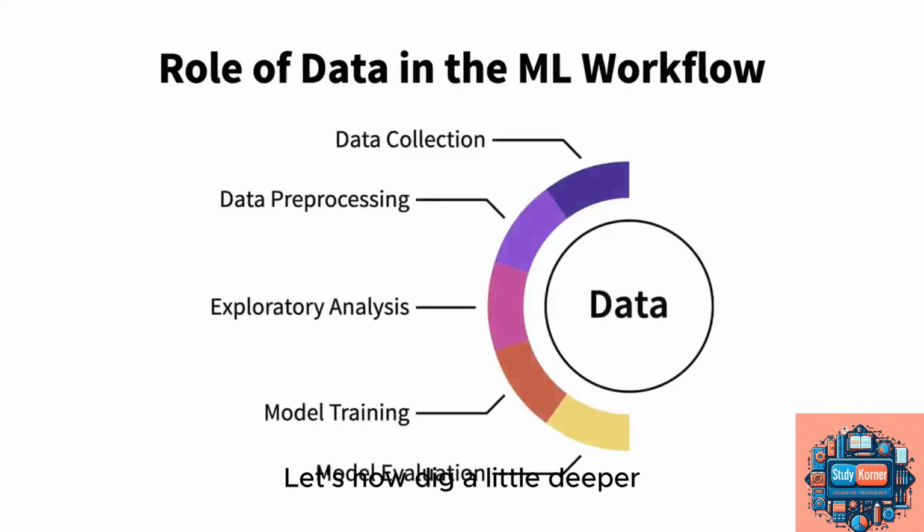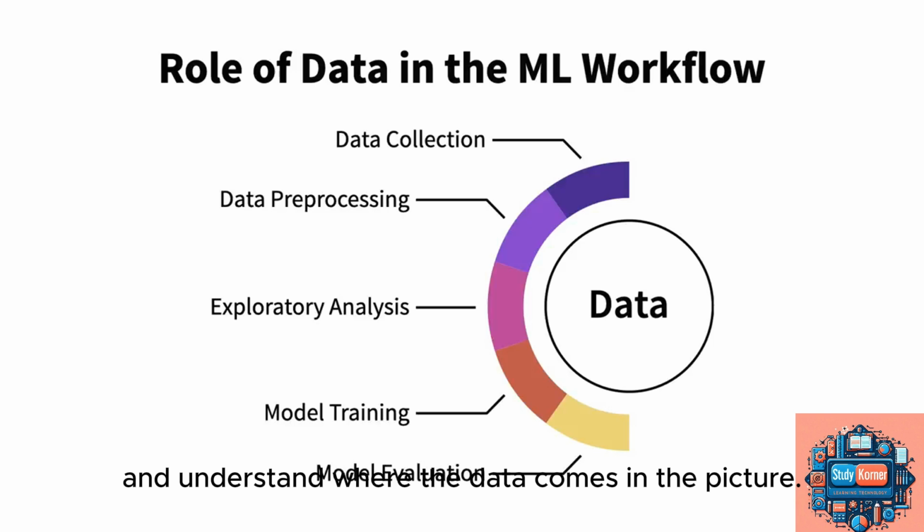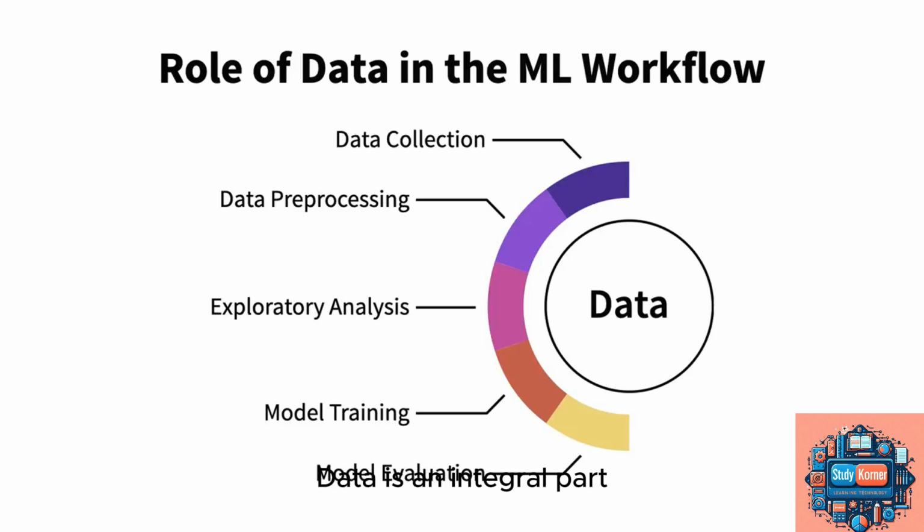Let's now dig a little deeper into the machine learning workflow and understand where the data comes in the picture. Data is an integral part throughout the machine learning workflow, from the initial data collection stage to putting models into production. At each stage, quality, relevance, and availability of data matters.